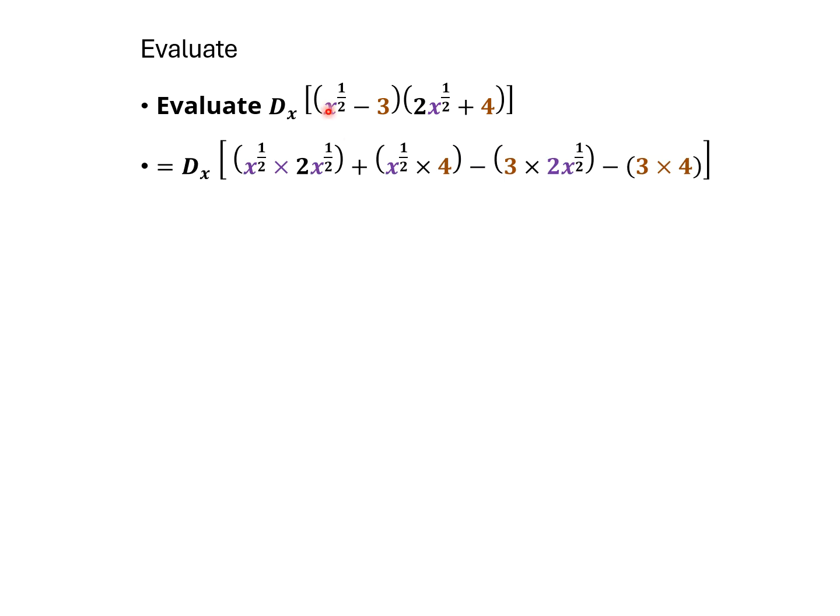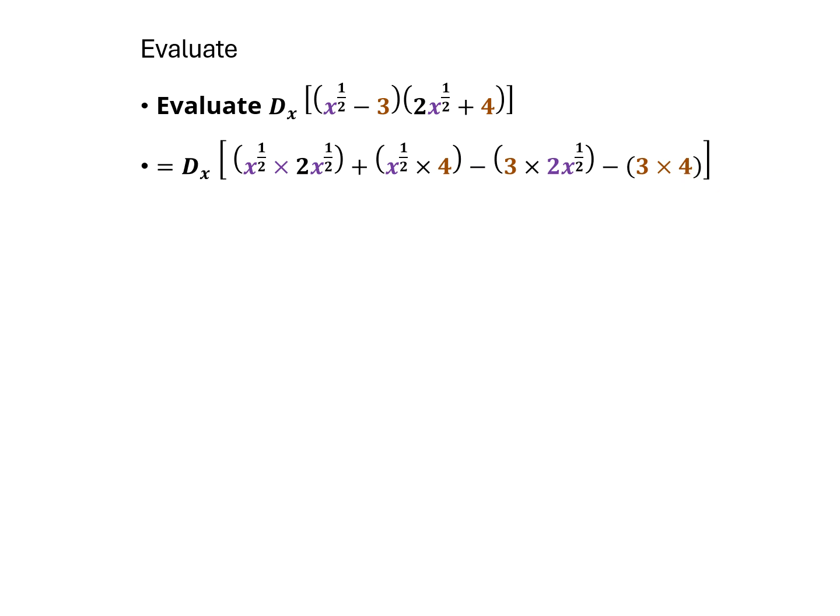So you can see there, x to the half times 2x to the half, x to the half times 4. Negative times positive becomes negative: 3 times 2x to the half. Negative times positive, negative 3 times 4.